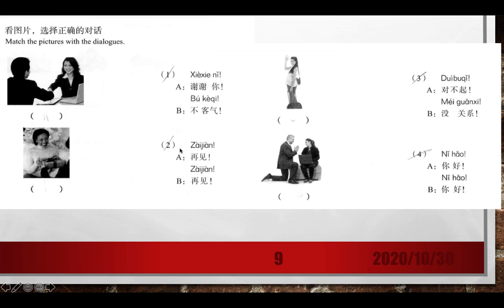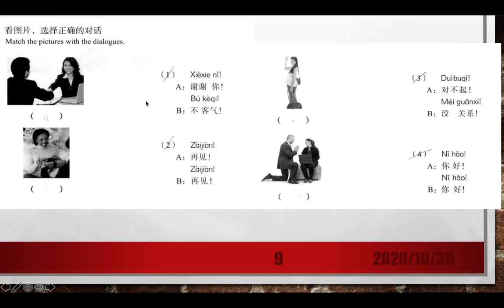So let's match them. First one, they are shaking hands. Which one could be possible? 谢谢你, or 再见, or 对不起, or just say hello, 你好. Maybe they are saying thank you, or just hello.